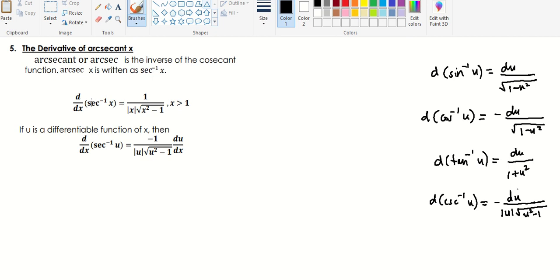Now, the derivative of arc secant x is equal to 1 over the absolute value of x times the square root of x squared minus 1, where x is greater than 1. Okay, so parang mali po itong part na to. So, dapat ito ay negative.